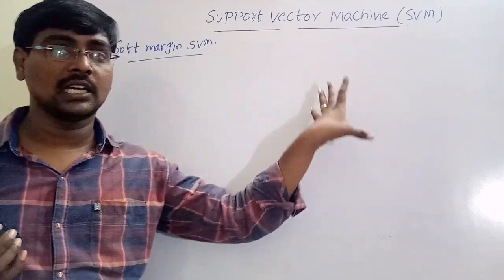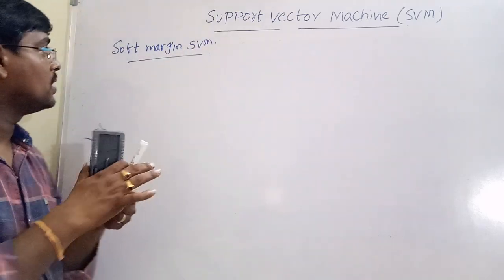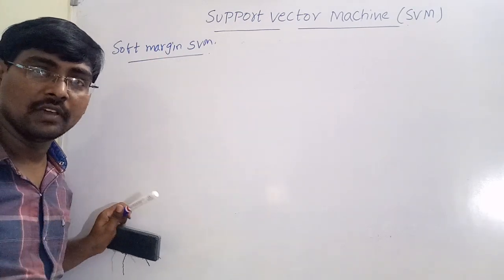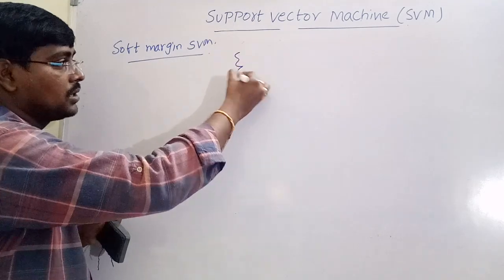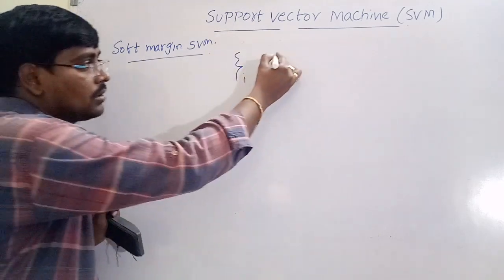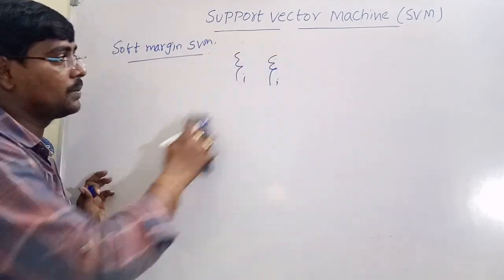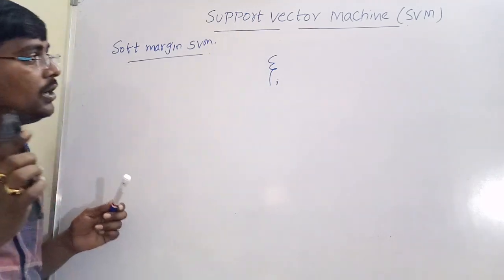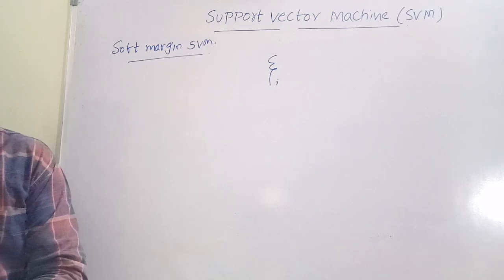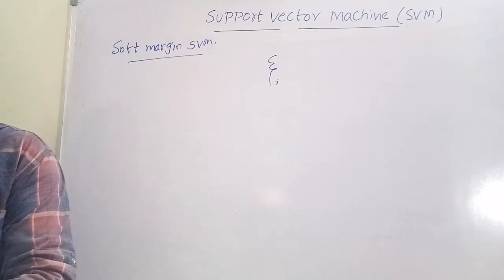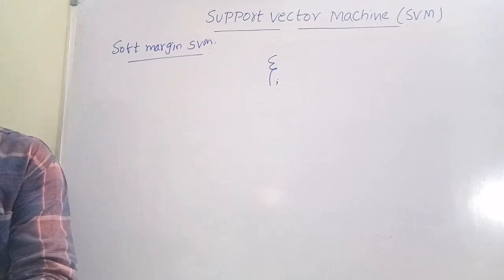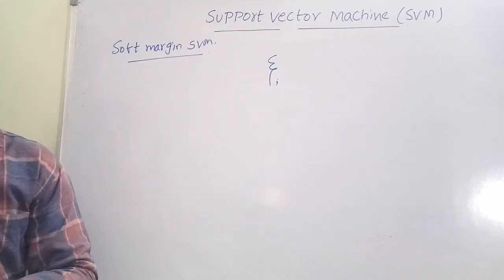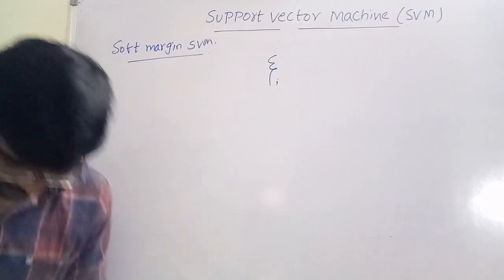It is not satisfiable. So in those situations, we are introducing a slack variable for each and every example.